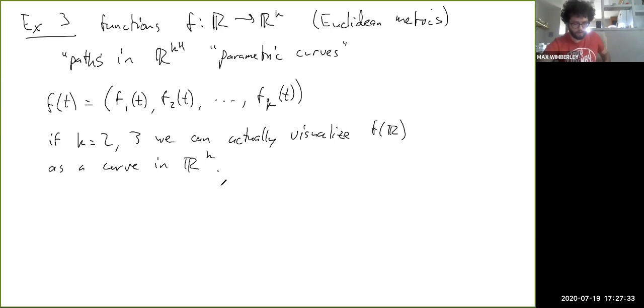So, for example, they usually use gamma. Sorry, let me switch to gamma. Okay, I'll just say gamma for all of these.